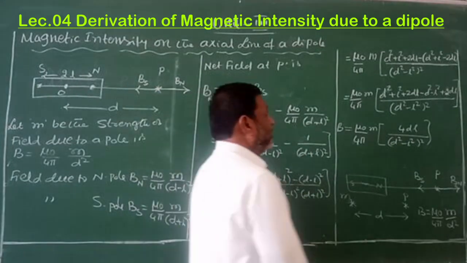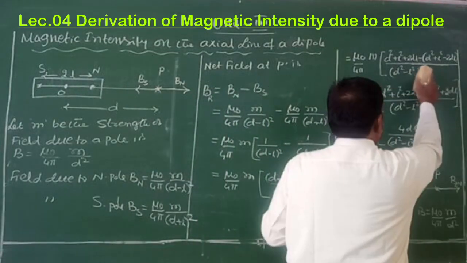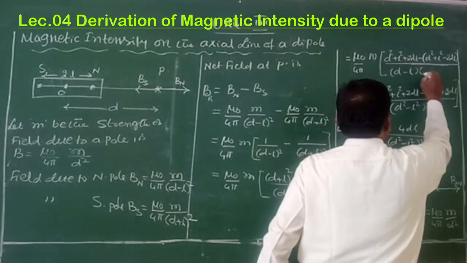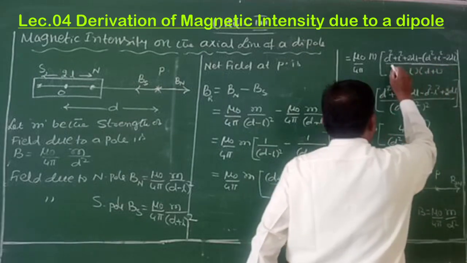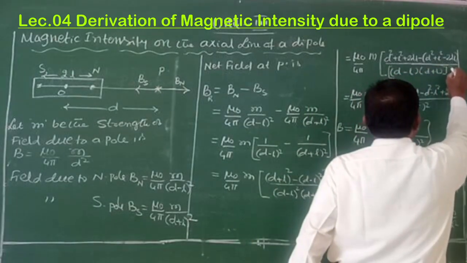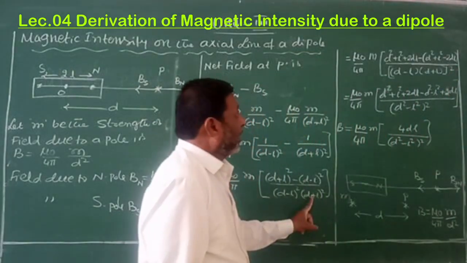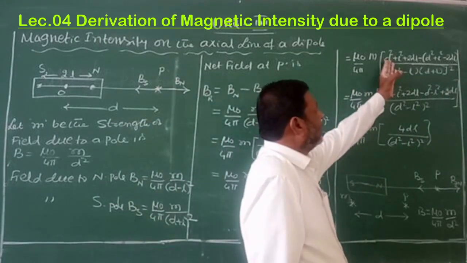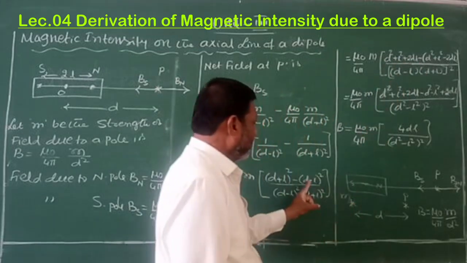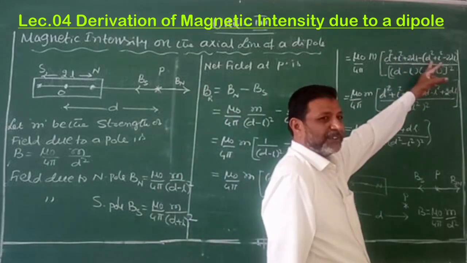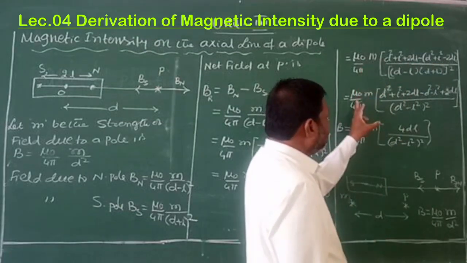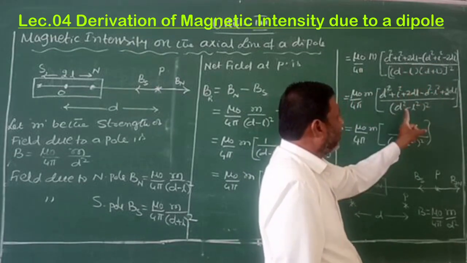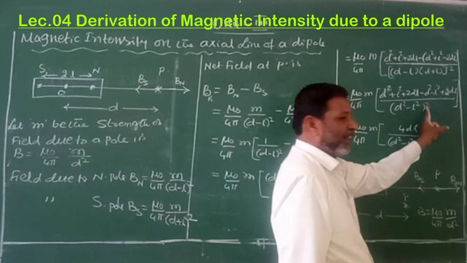It is like A plus B whole square. Then we get d square minus L square in the bracket. Here it is like A plus B into A minus B, which is A square minus B square, and its power is 2. Alright.